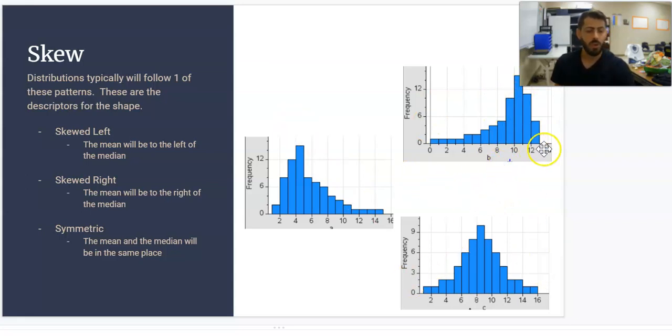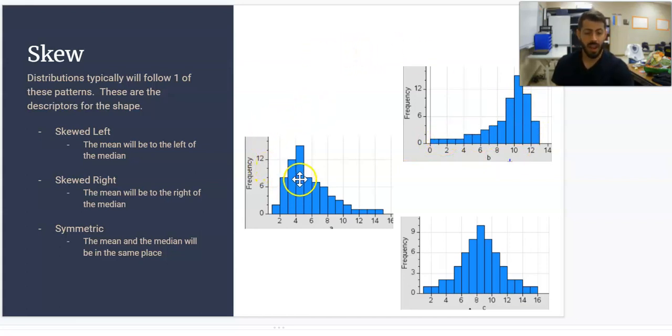If something starts off very small and gets bigger as we go on, and then peaks and tapers off really fast, we say that is skewed to the left. You can almost imagine someone taking nice symmetrical data and yanking on the left side of it and pulling it off to the left. So this is what we describe as skewed left.